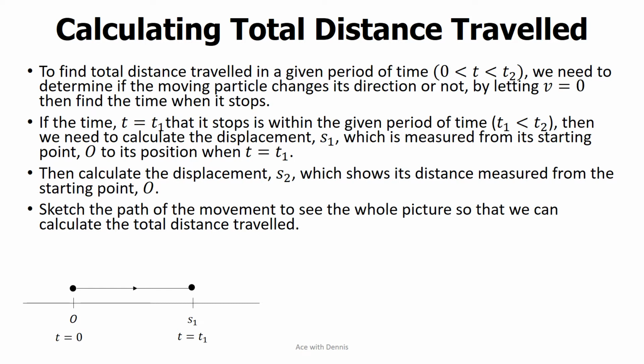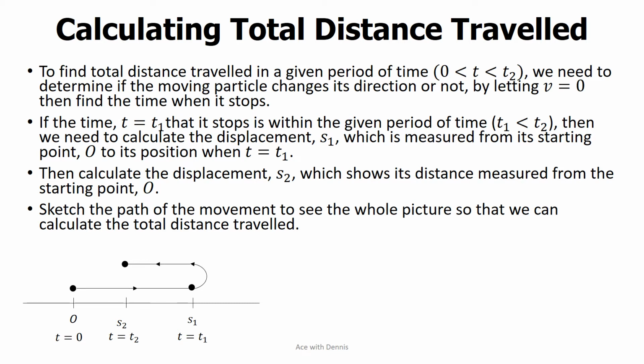At this point, its velocity equals 0, and it starts to turn or change direction. And it will move in this way until at this point at displacement S2, which is measured from the reference point, point O, at the time t equals t2.